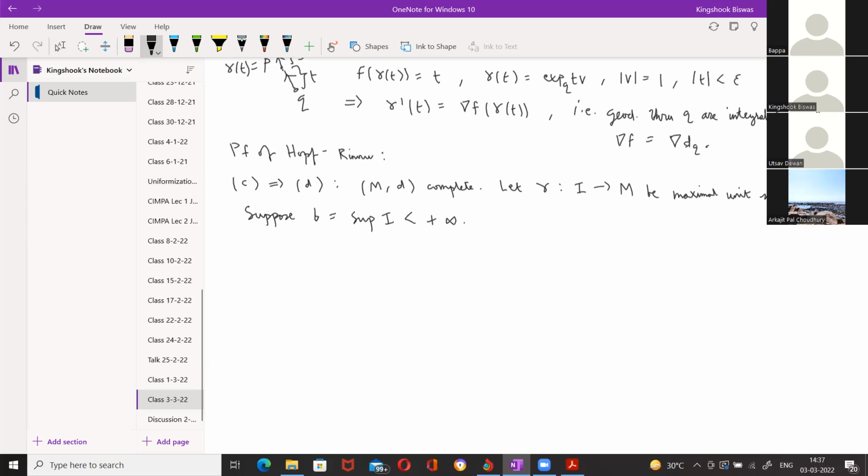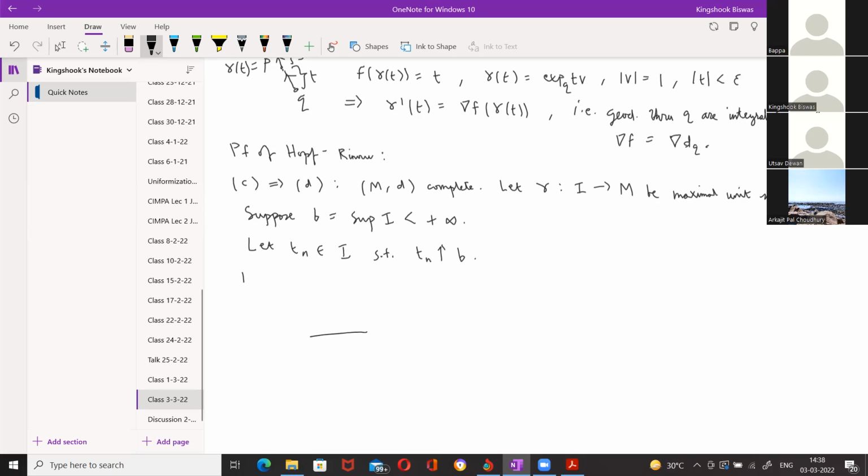So then you let Tn be a sequence in I such that Tn increases monotonically to B. Okay. Then look at the points gamma Tn.